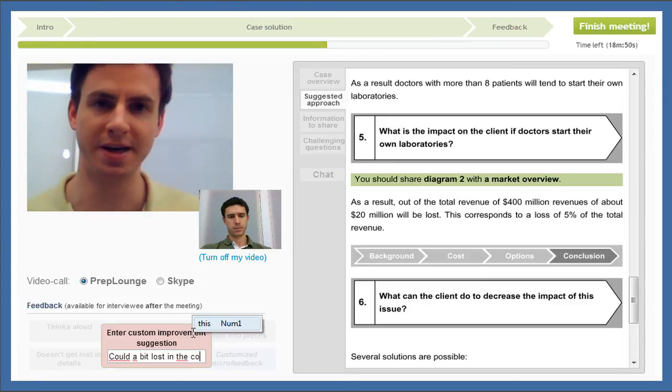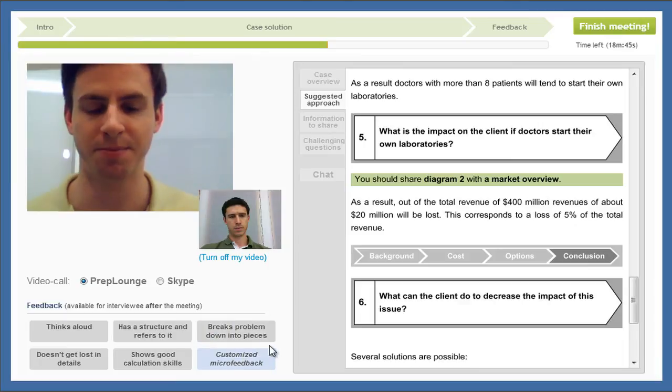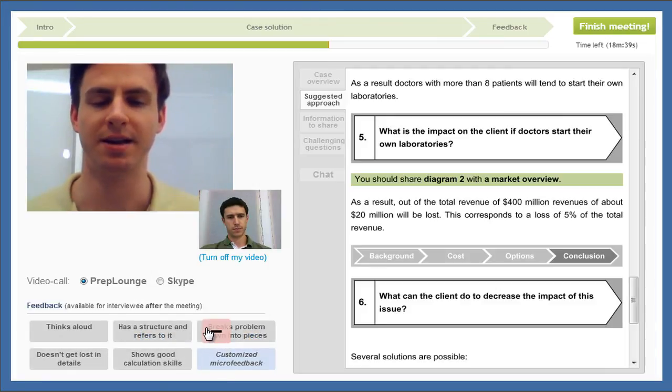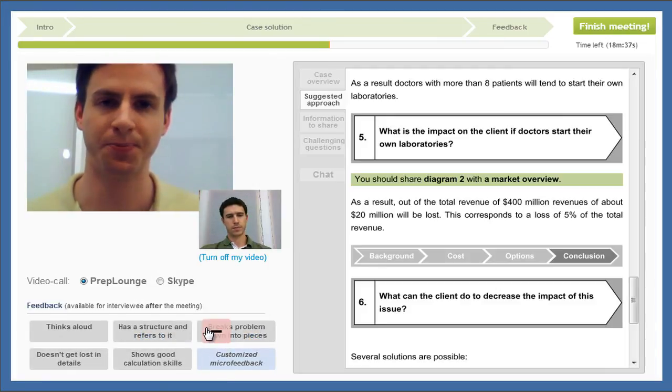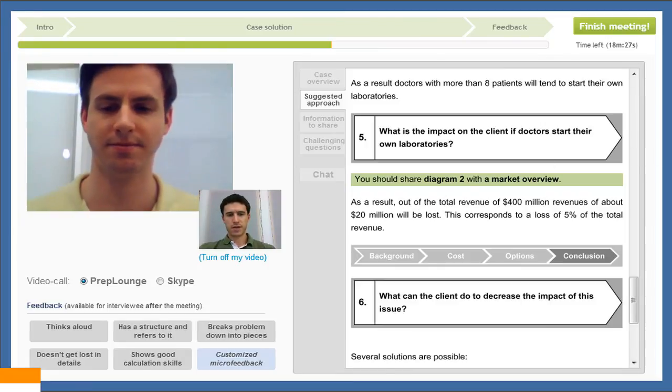That would be an idea, but I think we have to calculate this really closely, to see whether we lose by decreasing the prices or whether the additional patients make up for the price decrease. All right. Very good. Thank you very much.